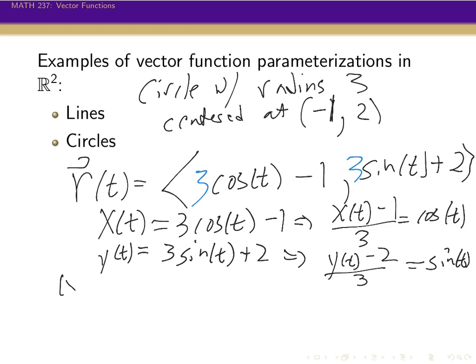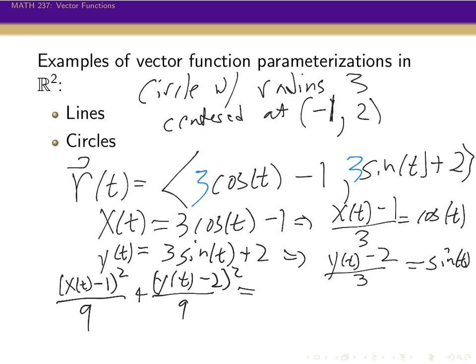Well, I have (x of t minus 1) squared over 3 squared, which is 9, plus (y of t minus 2) squared, also over 9, is going to equal 1. Right? This is cosine squared. This is sine squared. And looking at this, I have 9s on the denominator on the left.